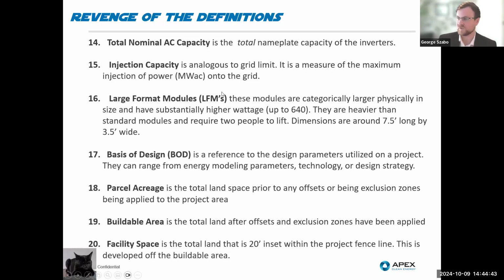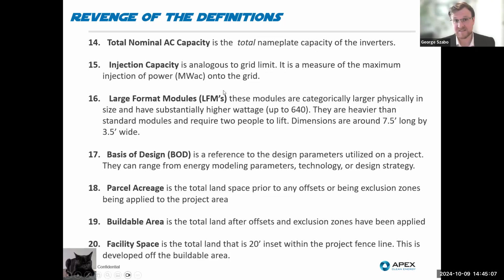Large format modules are just modules that are straight up bigger. You'll see a lot of modules out in the world today even exceeding 700 watts, but those aren't to be confused with modules that necessarily have an efficiency advantage. It's just that their footprint is physically larger, so they collectively can produce more watts.